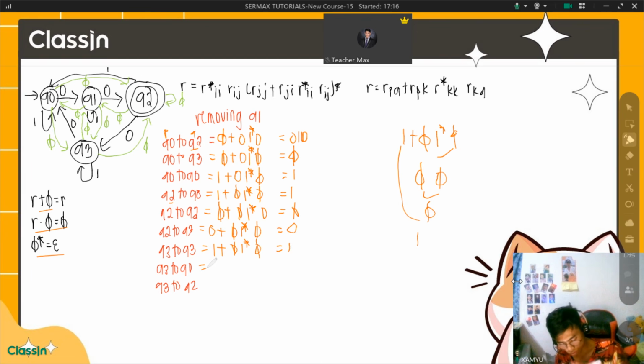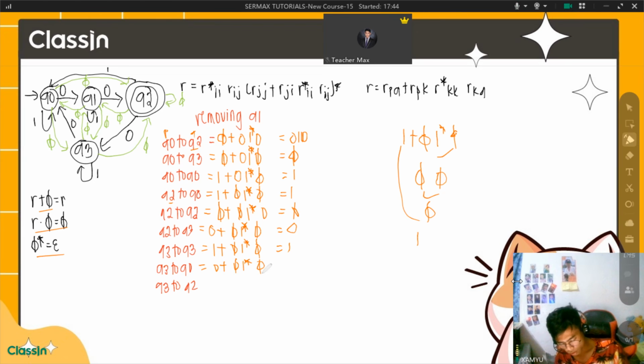And Q3 to Q0, your Q3 to Q0 will be 0 plus Q3 to Q1, that is null, and Q1 to Q1, that is clean star of 1, then Q1 to Q0, that is null.